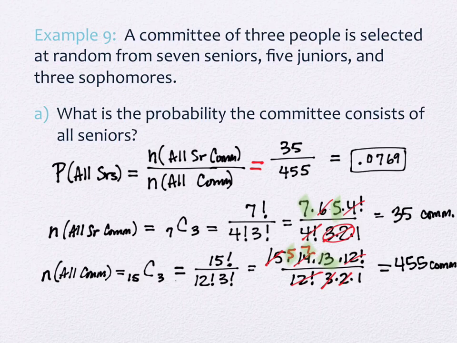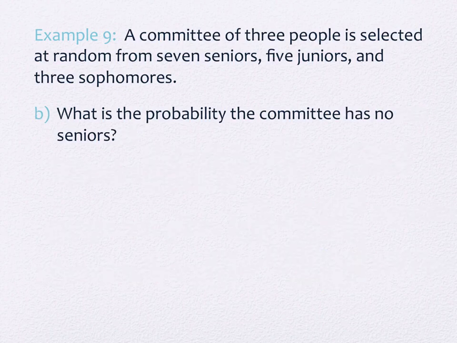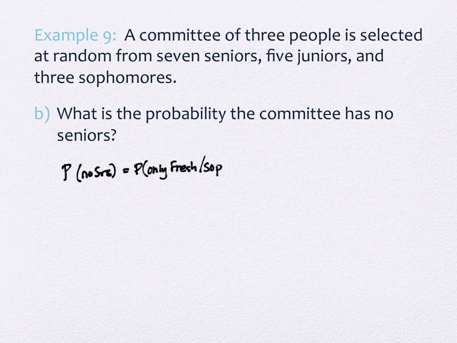Part B to this question has already half of it done. This wants to know the probability that it has no seniors. Well, in order to have the probability of no seniors, it would mean the same thing as having the probability of having only freshmen and sophomores, right? That's what no seniors means.